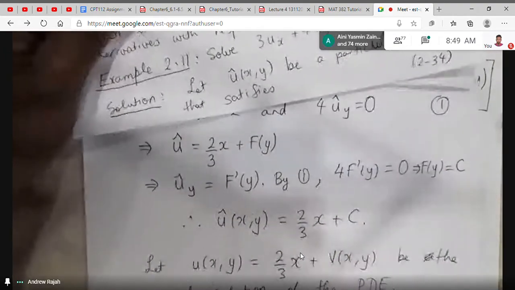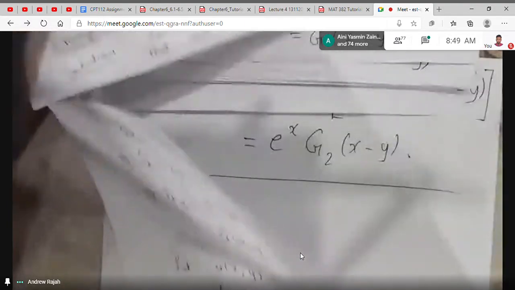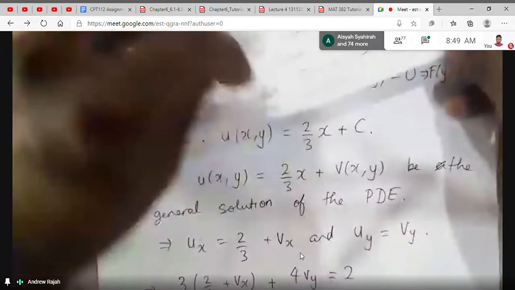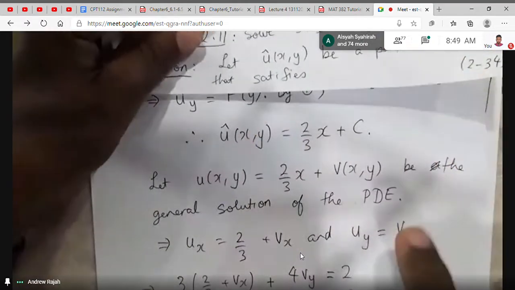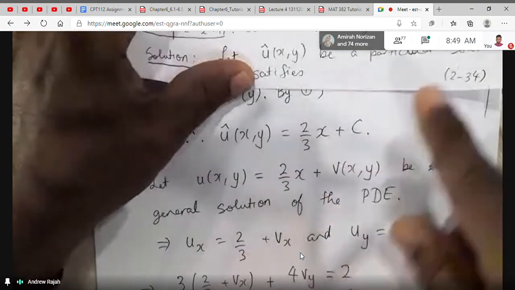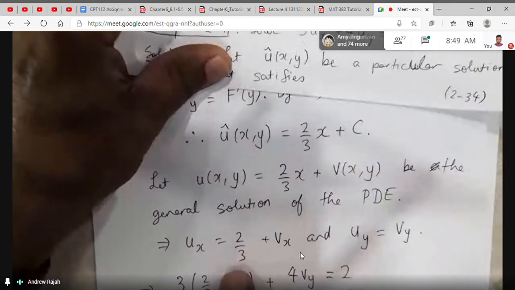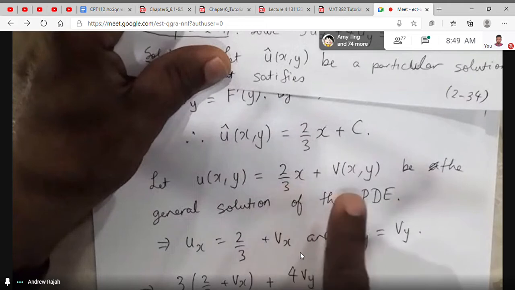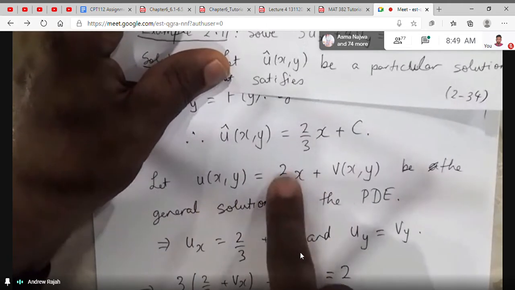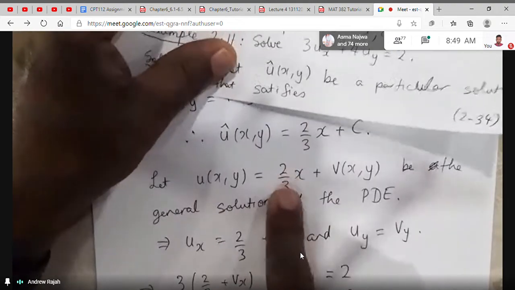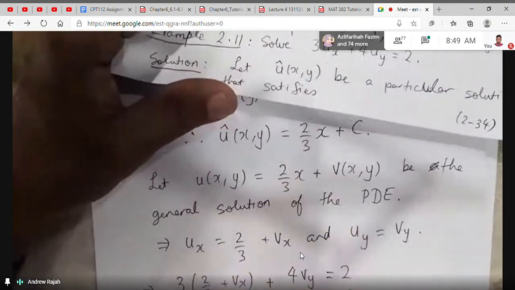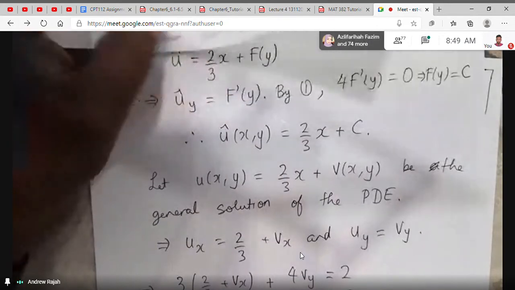Again, you substitute, you find the del u del x and del u del y in terms of v and the functions x and y. In this case, 2 over 3 plus v_x, and this one you differentiate with respect to y is 0, you get v_y, and then you substitute into the original equation.